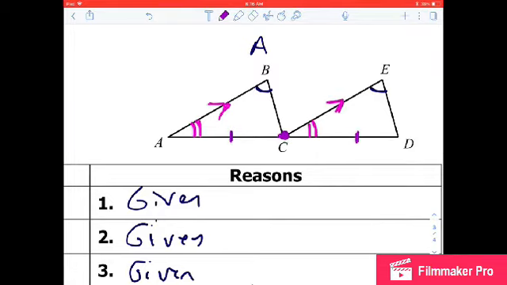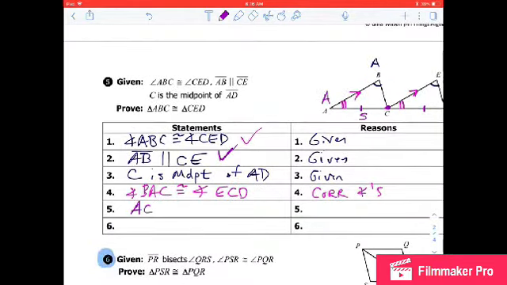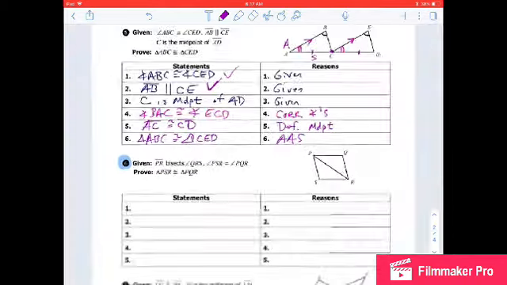So I've got A, and then the last one's going to be S. So AC is congruent to CD. That is by definition of a midpoint. And so triangle ABC is congruent to triangle CED by angle, angle, side. Okay?